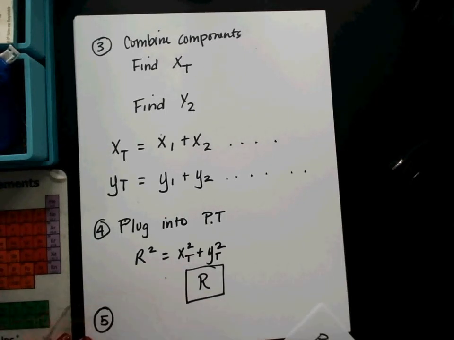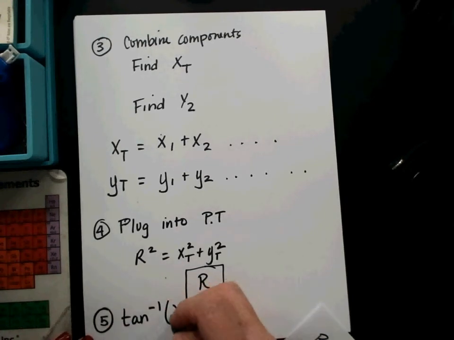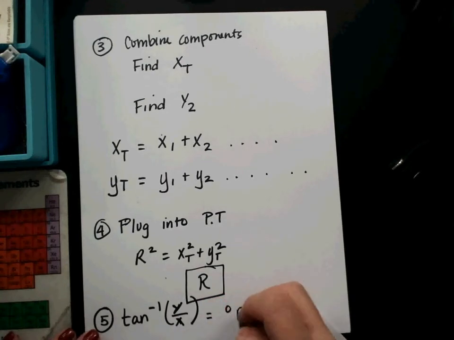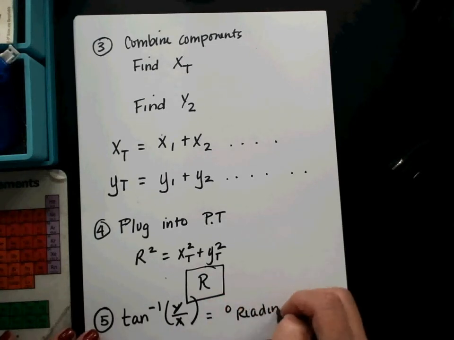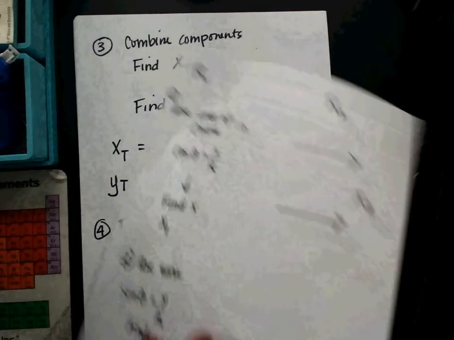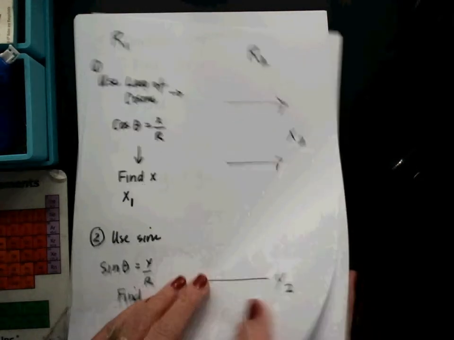Finally, the last thing I'm going to do is what we did yesterday. I'm going to use my tangent inverse function of y over x to find my degree reading. So that gives me a set of steps I can work through, or I can flip back to if I need them.